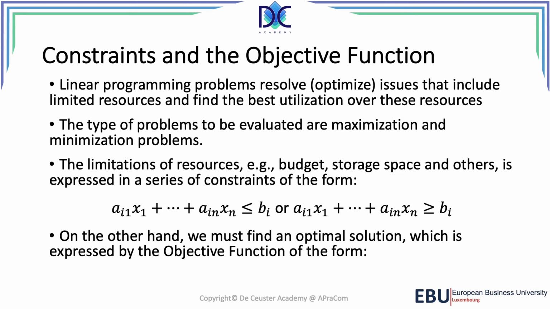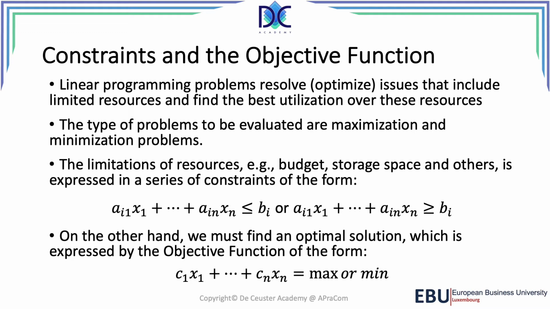On the other hand, we must find an optimal solution, which is expressed by what we call the objective function, and we have a maximization or a minimization. Now the parameters C1 up to Cn here, when we have a maximization problem, these are typically related to profit, while when we have a minimization problem, these are related to cost.